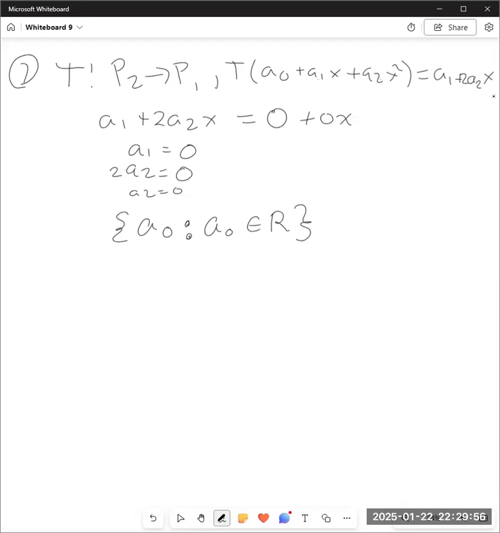So just think of that: if I want some polynomial that I want to take the derivative of and get 0, I better have a constant that I'm taking the derivative of to get 0. That's what's going on here, I can't have any x term and I can't have any x squared term if I want to take the derivative and get 0.